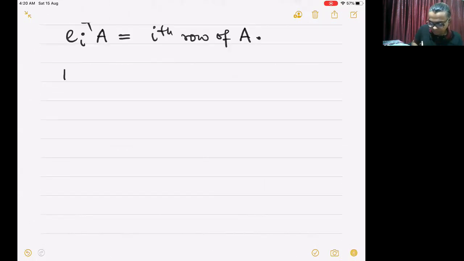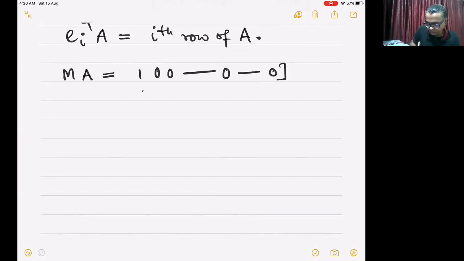when I have M multiplying A, and I want the effect of M multiplying A to be that the ith row is substituted by alpha times the ith row, what should I do? The first row should remain unchanged. So the first row of M should be 1, 0, 0, all zeros.